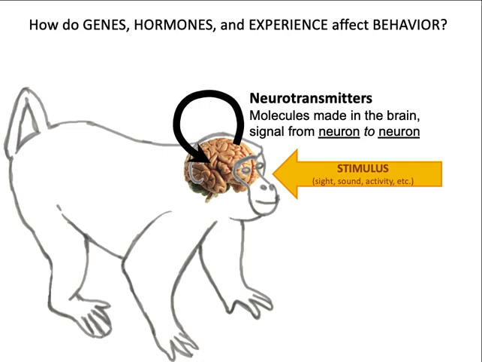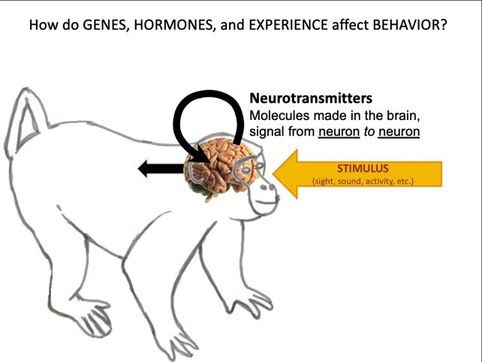And so neurons communicate through what are called neurotransmitters. Neurotransmitters are molecules that are made in the brain that signal from brain cell to brain cell, right? From neuron to neuron. And so neurons create an electrical impulse when they're active, and that's why we can monitor brain activity with electrodes using an EEG.